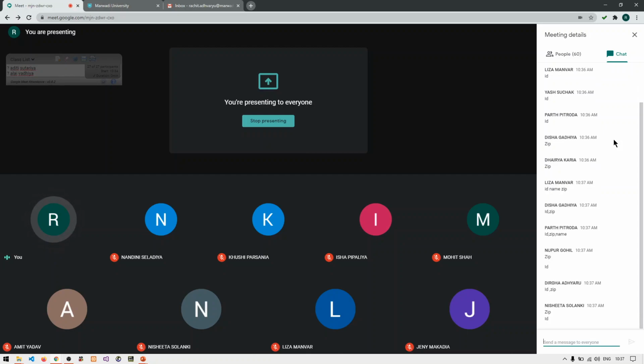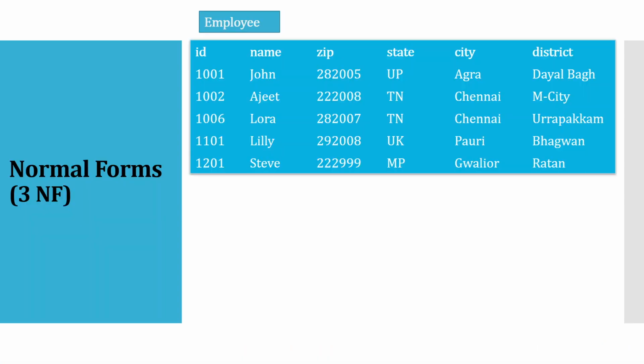Okay, so I got some answers like ID, then zip, then ID name zip, then ID zip. Right. So what we can say ultimately is that we can combine as many columns as we like to generate these super keys. Let's say first ID alone is a super key. Let me highlight each and every one. ID alone is a super key.